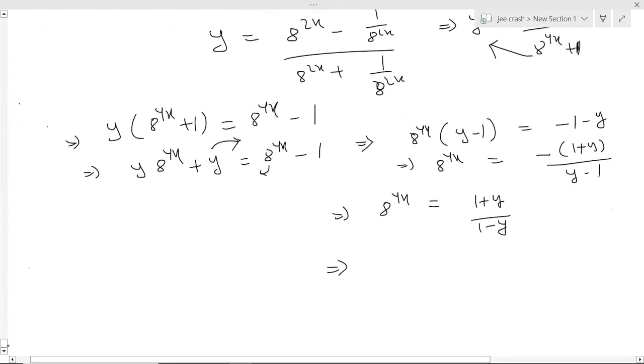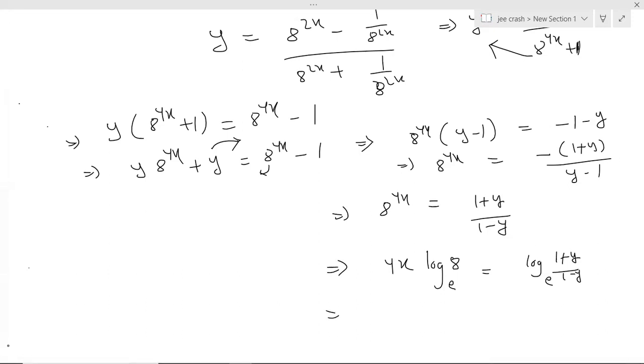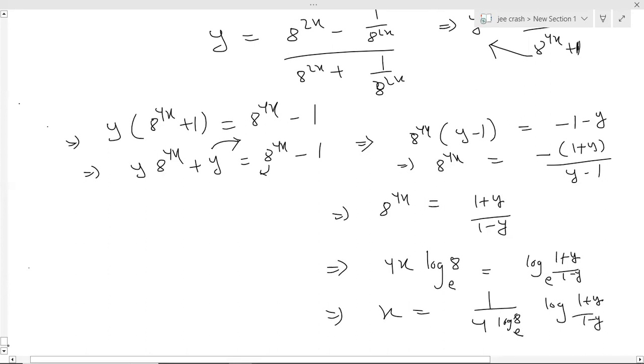Now taking log, 4x log 8 base e equals log of 1 plus y upon 1 minus y base e. Everyone knows how to take log? Yes, sir. Okay. So x is 1 upon 4 log 8 base e of log 1 plus y upon 1 minus y.